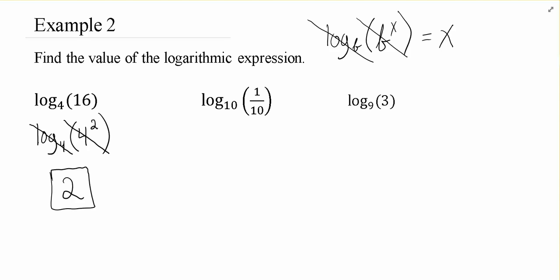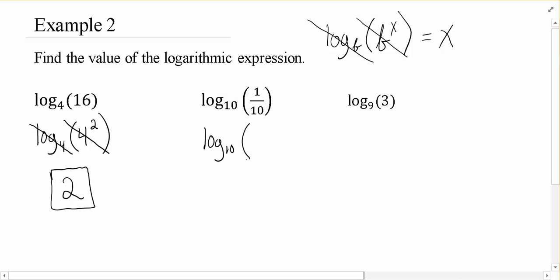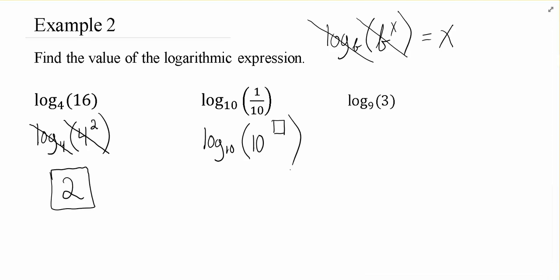Now as we move on to the second example here, log base 10 of 1/10, we want to try to do the same thing. It gets a little bit trickier here. We want to try to rewrite this as 10 to some power. And so the question is, how do I rewrite 1/10 as 10 to a power?